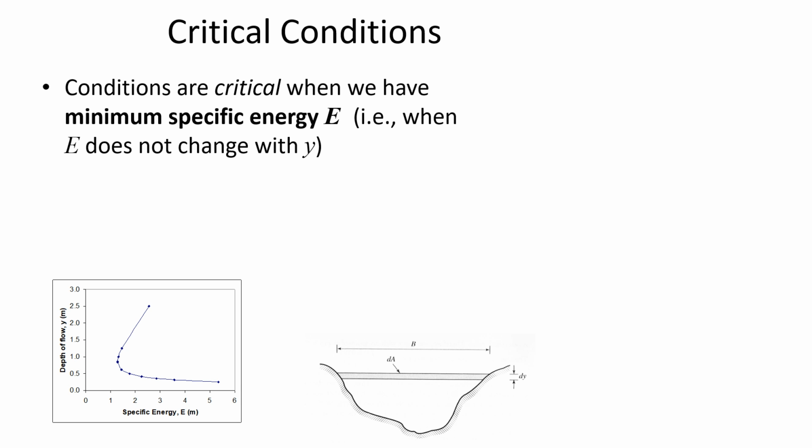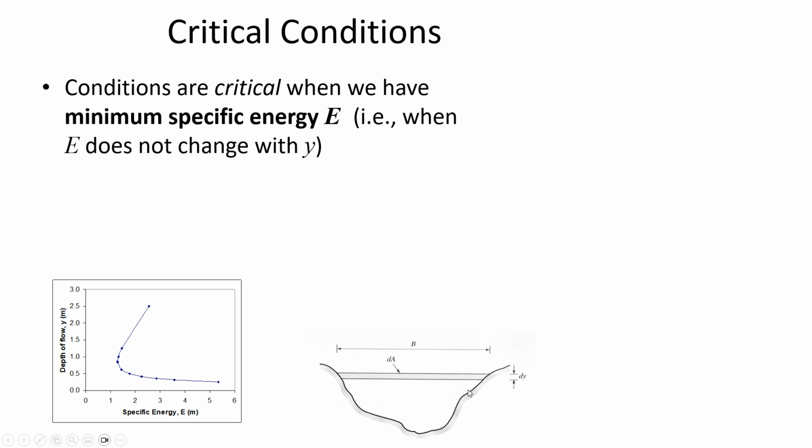Those 2 things added together, depth plus velocity head. Vertical axis is the depth of flow, and so minimum specific energy is this leftmost point on the curve where the amount of energy is not changing with depth because the curve itself is vertical at this leftmost point.